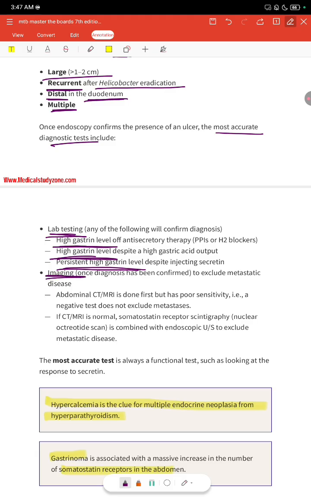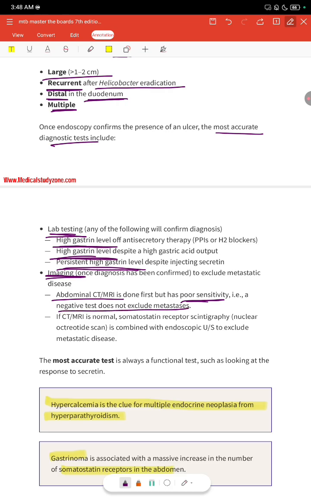Second is imaging. Once diagnosis has been confirmed, to exclude metastatic disease you go for imaging. Abdominal CT or MRI is done first but has poor sensitivity. That is, a negative test does not exclude metastasis.